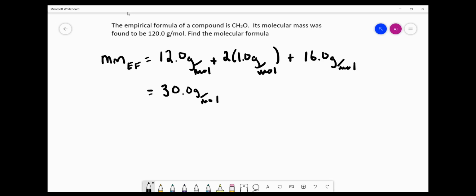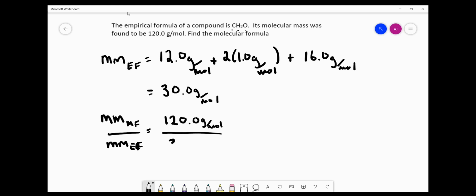The molar mass of the empirical formula, which is CH2O, is 30 grams per mole. My second step here is to create a ratio. The molar mass of the molecular formula, or the actual molecule, divided by the molar mass of the empirical formula. 120 grams per mole divided by 30 grams per mole.